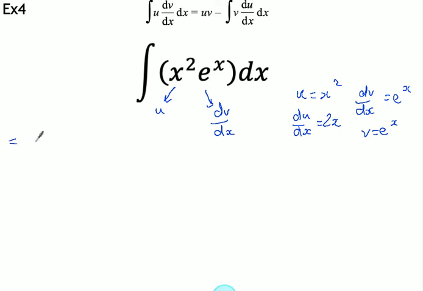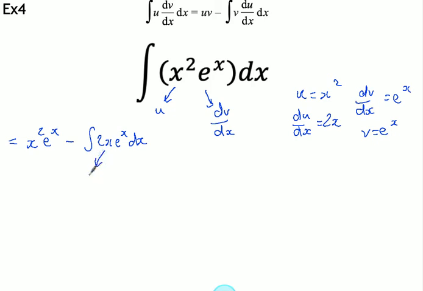Chuck it in. So that's going to be x squared e to the x, subtract the integral of 2x e to the x with respect to x. Okay, so it looks as if we're going to have to use by parts again.